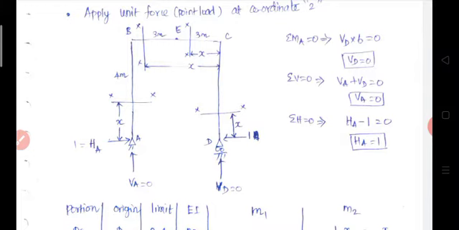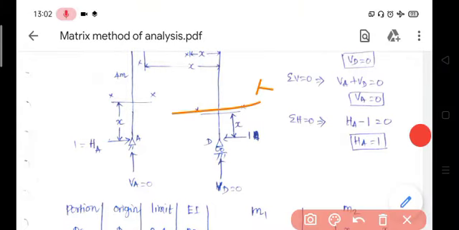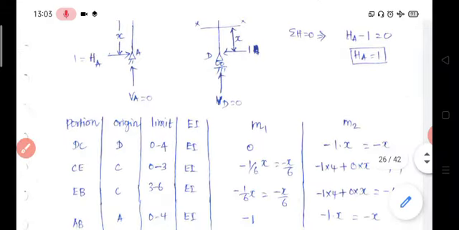Now write the bending moment equation for each and every portion. Let us consider section XX, which is x distance from D. Origin of this DC portion is D, limit varies between 0 to 4, at D 0, at C it is 4. Then bending moment on the right of the section is 1 into x, it creates a hogging moment, therefore minus x.